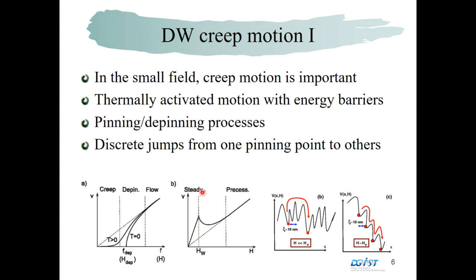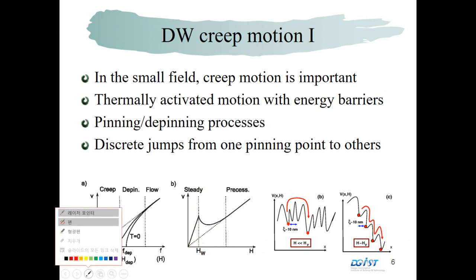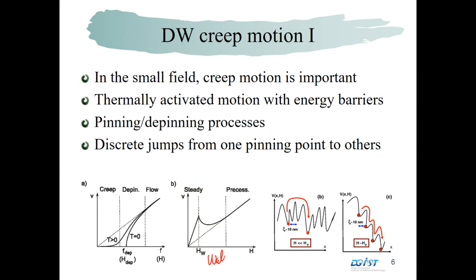We're going to learn about this. And then there is a certain decrease of the field and the velocity. This point, we call the Walker breakdown. And then domain velocities decrease, even as we increase the field.